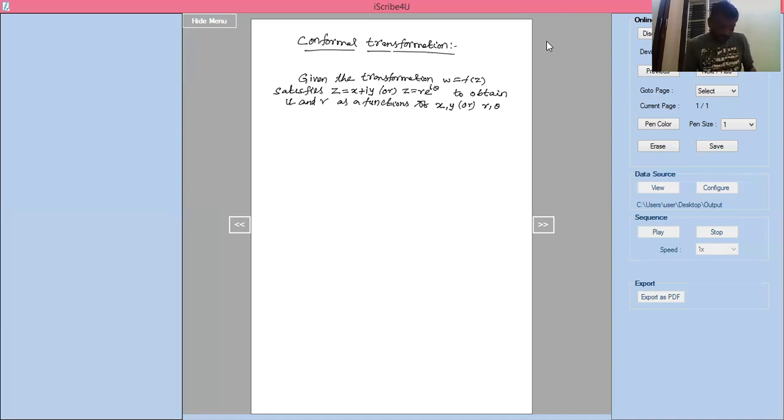Find the image in W plane corresponding to the given curve in Z plane.